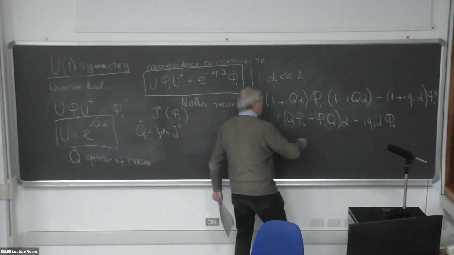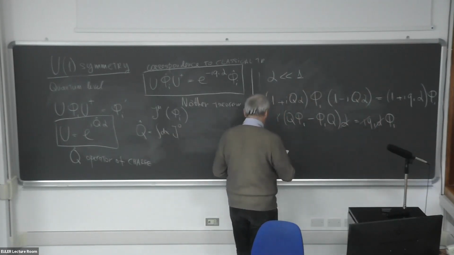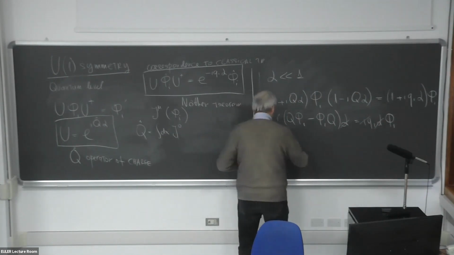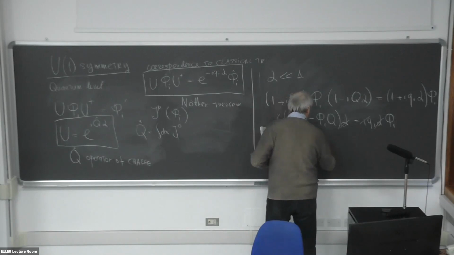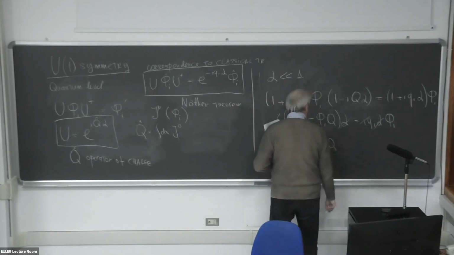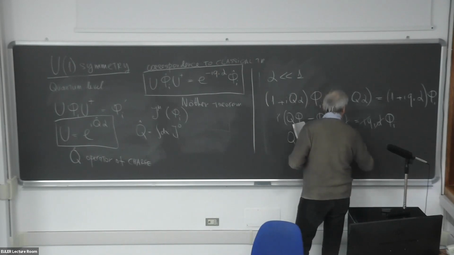Okay, so the I and I, alpha and I cancel. And what I will get is Q Fi minus Fi Q, essentially a commutator, equals Qi Fi.